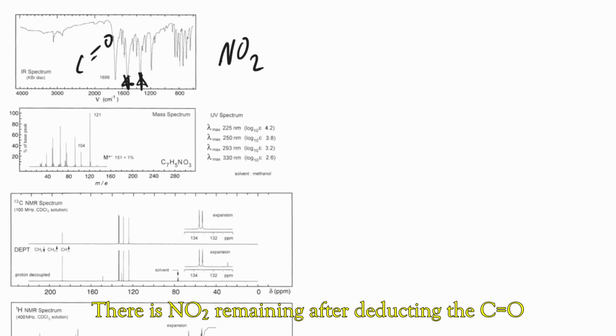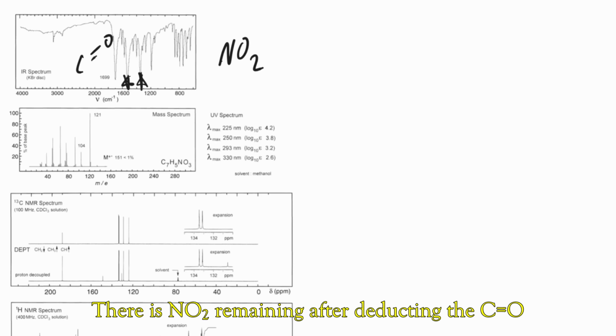This peak is indicative of a carbonyl group, a carbon with a double bond to an oxygen. I see two more large peaks, this one and this one. Those two peaks are in the right location for an NO2 group. And looking at our molecular formula, we do indeed see an NO2 group.